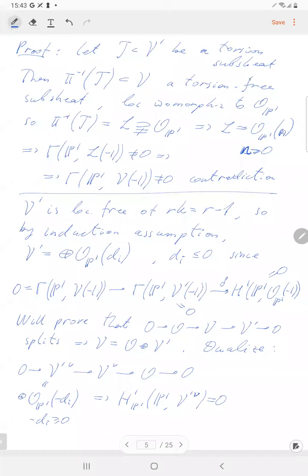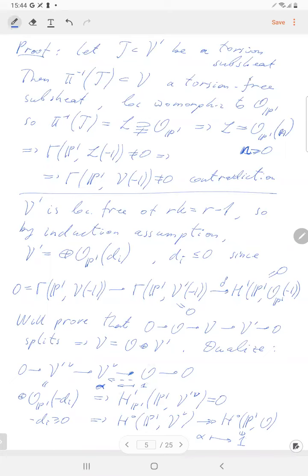Okay, and hence, if you write down the long exact sequence of cohomology for this short exact sequence, the global sections of V with coefficients in V dual surject onto the global sections with coefficients in O. Okay, and here we have the 1, and you may take its pre-image, say alpha goes to 1, and then you will have a section here, namely 1 goes to alpha, and it splits.